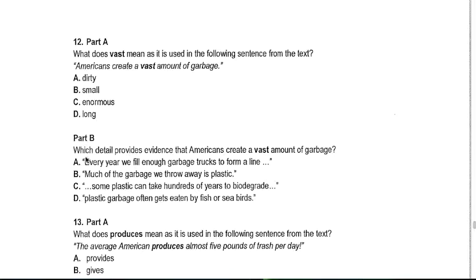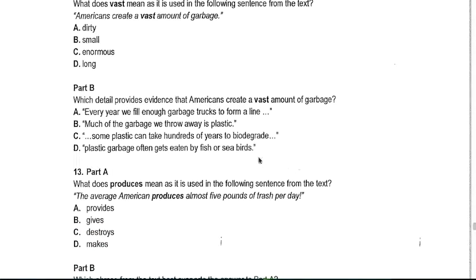Part B. Which detail provides evidence that Americans create a vast amount of garbage? Every year we fill enough garbage trucks to form a line. Much of the garbage we throw away is plastic. Some plastic can take hundreds of years to biodegrade. Plastic garbage often gets eaten by fish or seabirds.